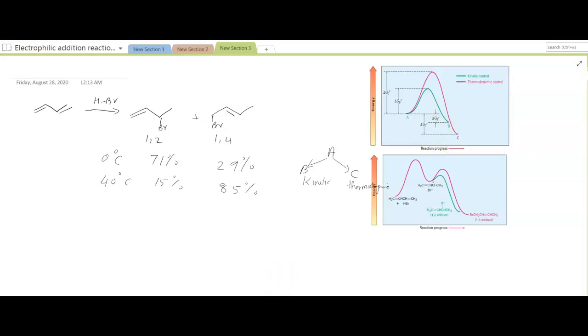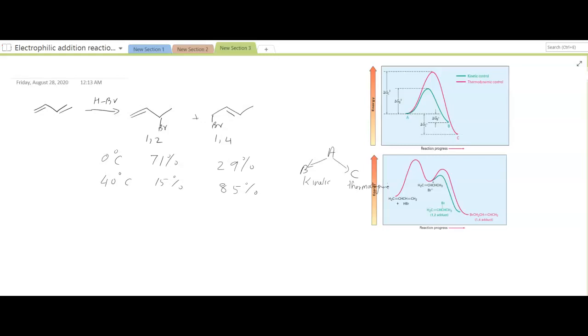Now at a lower temperature, right, what can happen is the energy of activation is the more important factor. So at low temperature, since most molecules do not have enough energy to overcome the higher energy barrier, therefore at lower temperature they react by the faster pathway, forming the kinetic product, right?